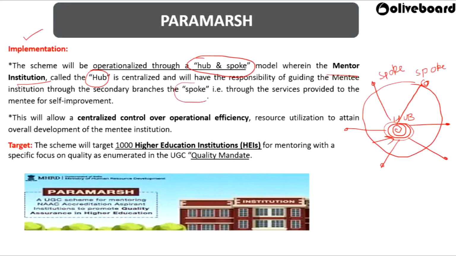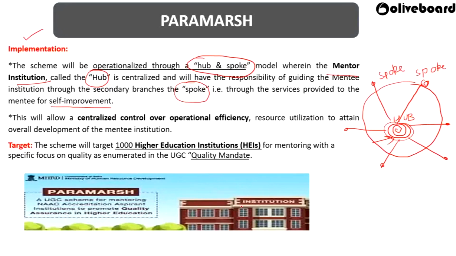These mentee institutions will be called spokes, and this will overall increase the self-improvement of the institutions. This whole scheme will have centralized control and improve operational efficiency, resource utilization, and the overall development of the mentee institutions. So this hub and spoke model will be used for the overall improvement in the quality of the education system of India.